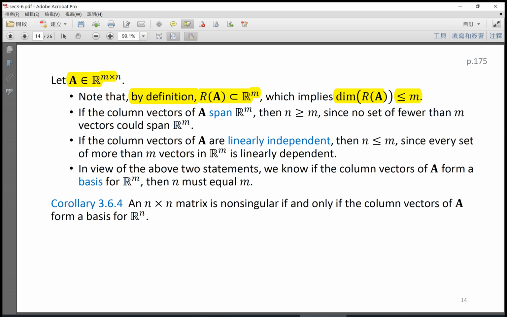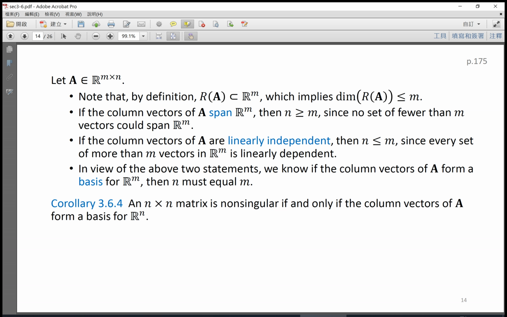Now, if the column vectors of A span Rm, then n is greater than or equal to m, because if the number of column vectors of A is less than m, then they cannot span Rm.